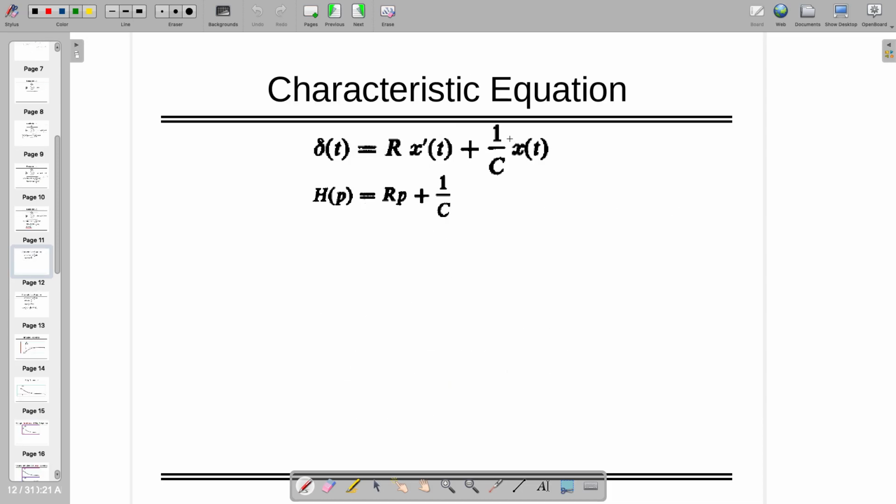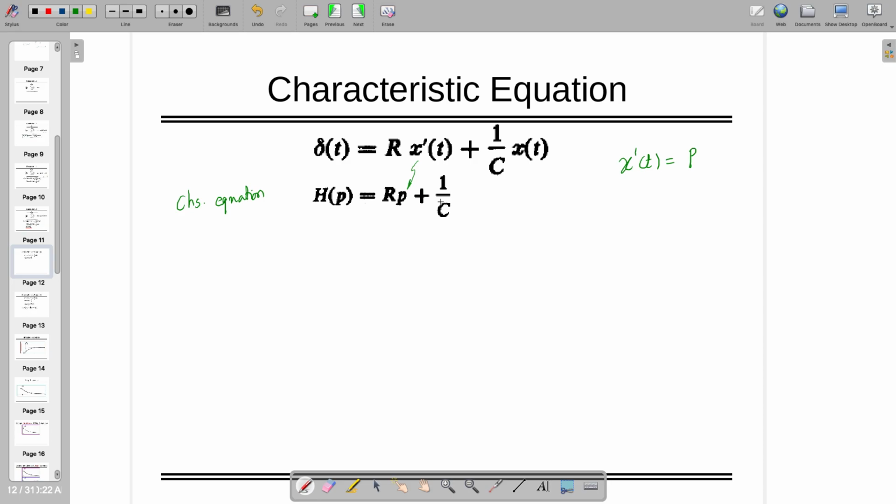Now I can write down the same equation. This is called the characteristic equation, which I am going to define as h of p is equal to R times p plus 1 by C, where for x of t, you used to write down lambda, but this author is writing p, right?